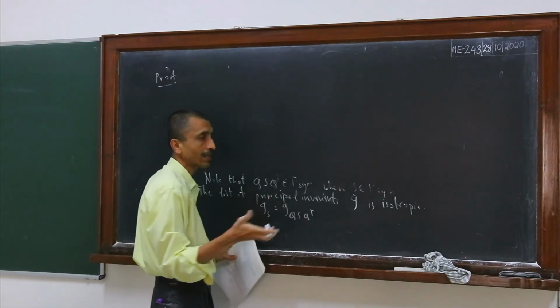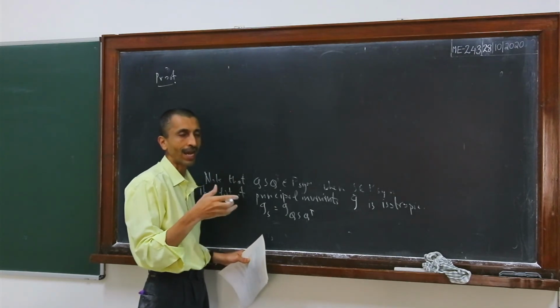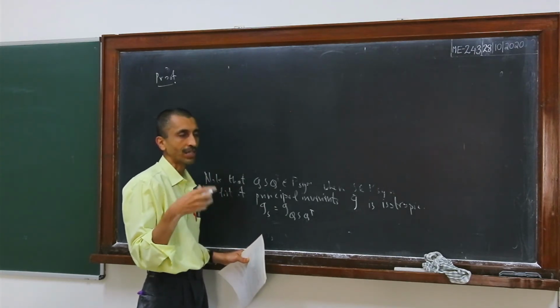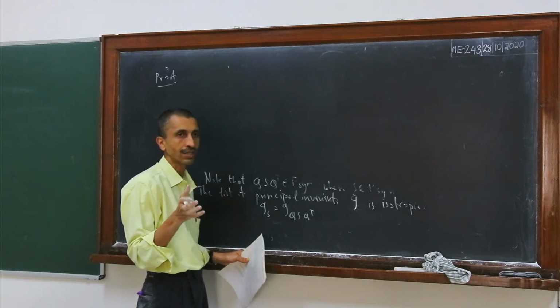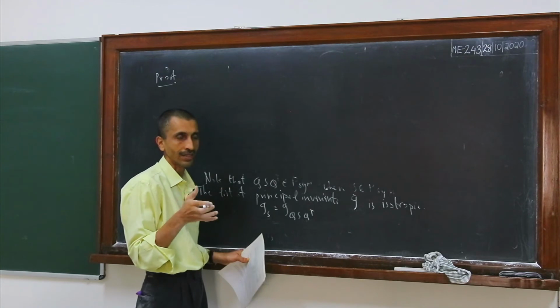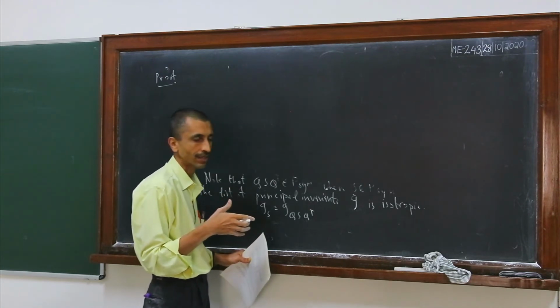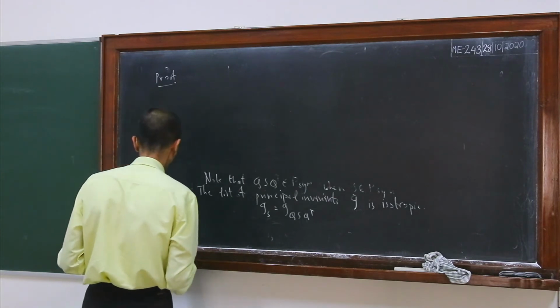Once the characteristic equation is the same, the coefficients of lambda are the same. Lambda cubed minus I1 lambda squared plus I2 lambda minus I3 is equal to 0, that is the characteristic equation. If it is the same, the coefficients of lambda squared, lambda, and so on are the same. So that means the principal invariants are the same. So we'll show that the characteristic equation is the same.